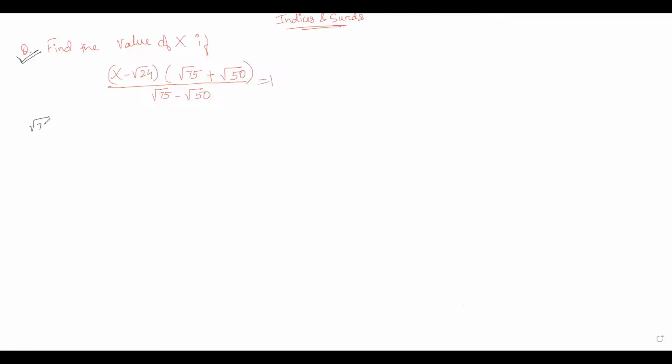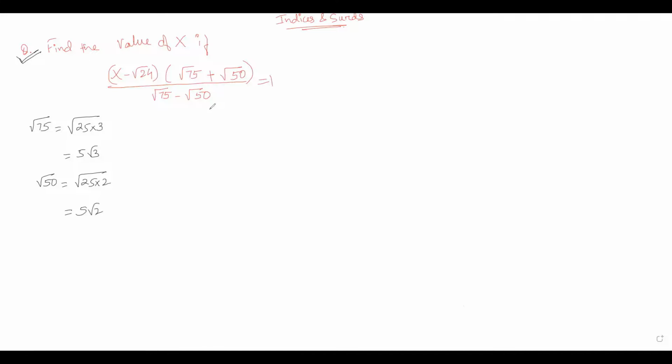So root 75 can be written as root of 25 times 3, which can be written as 5 root 3. And root 50 can be written as root of 25 times 2, which would be equivalent to 5 root 2.